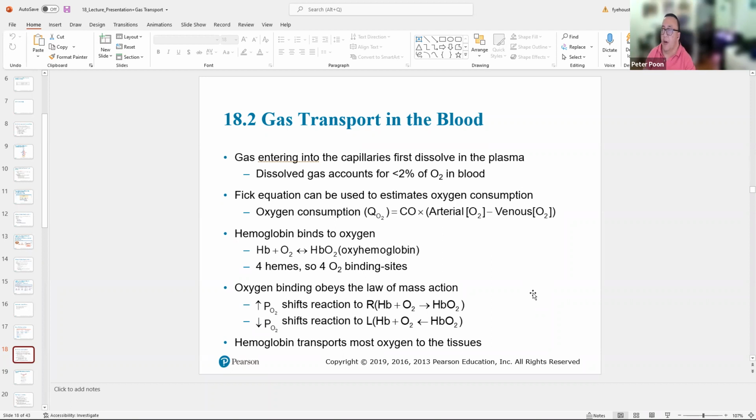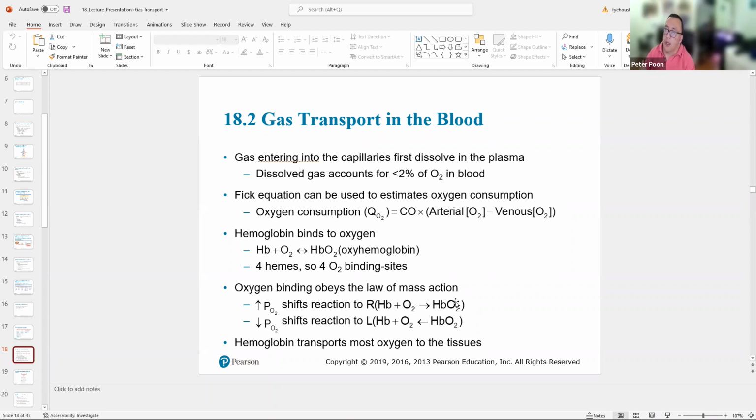So hemoglobin binds oxygen. When the partial pressure of oxygen goes up, this shifts to the right, which then binds more hemoglobin to oxygen. When the partial pressure of oxygen goes down, it shifts to the left, and you release oxygen from the hemoglobin.